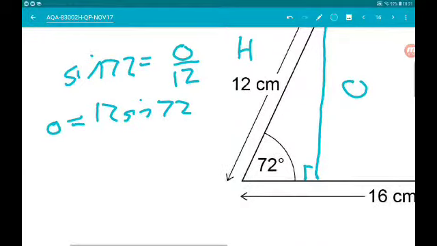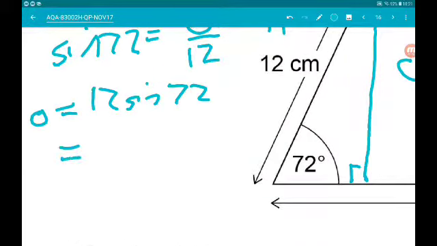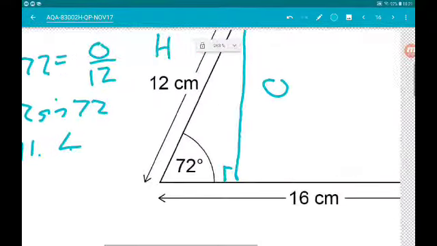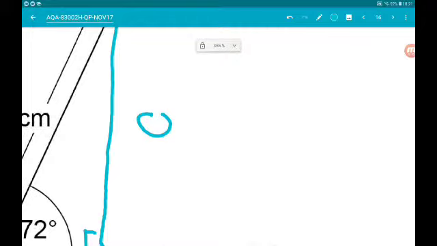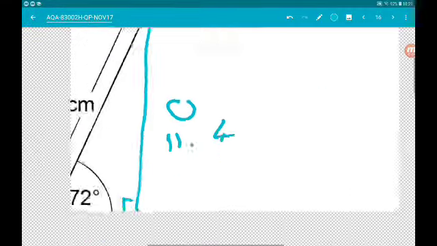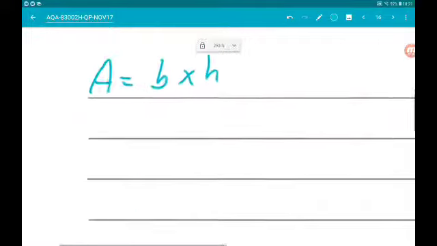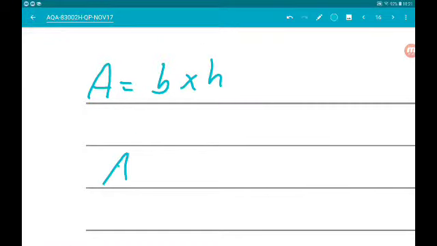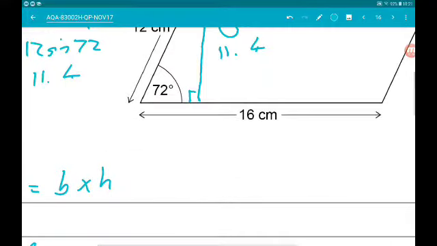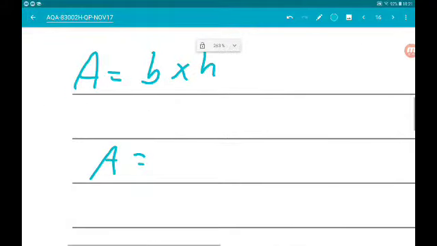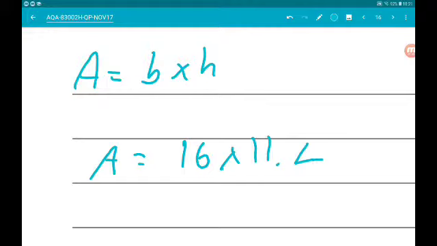Now that gives us 11.4. So we now know the height is 11.4. So the area is base, which is 16, times 11.4.